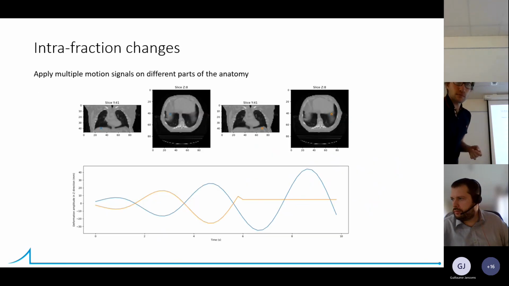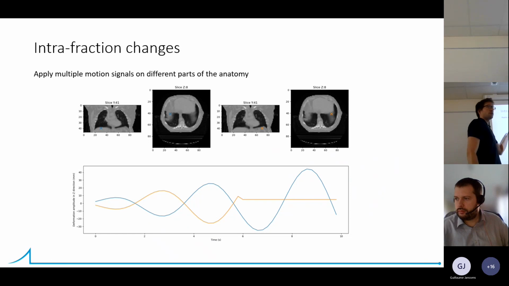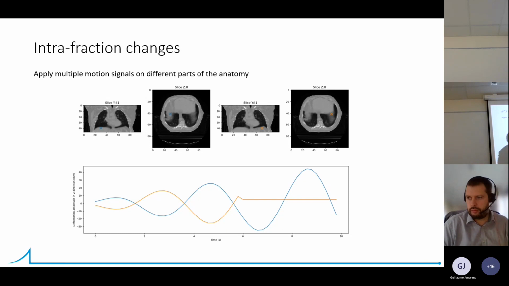And then you can choose somewhere in the anatomy and a direction in which you want to apply this motion. So here, for example, I choose 2 points and I apply 2 different signals. On this point there, on the liver, I apply the blue signal. And on the orange one there, on the other side, I apply this one. So it's opposite of the blue one. And then at some point, it doesn't move anymore.